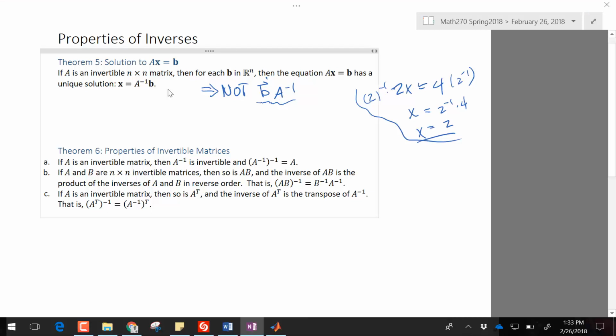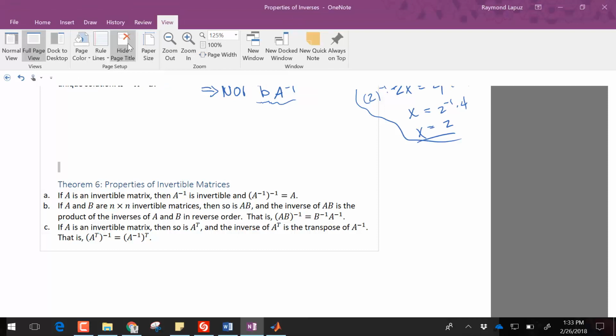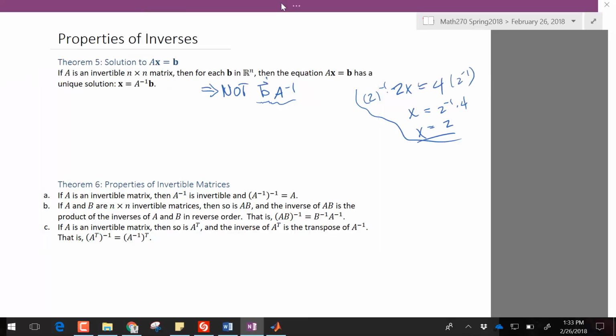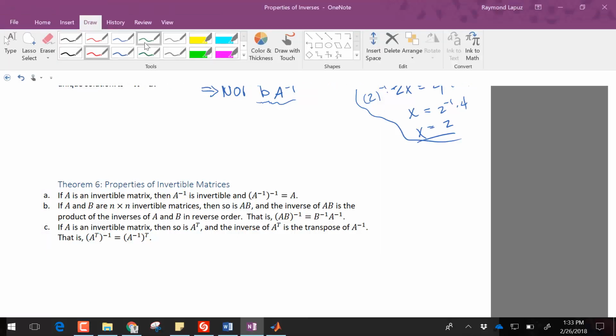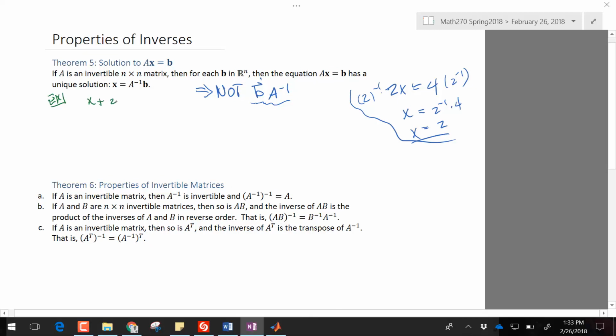So I suppose we can come up with a simple example for this. We'll keep using our 1, 2, 3, 4 matrix. x plus 2y is equal to 7, 3x plus 4y is equal to negative 1.